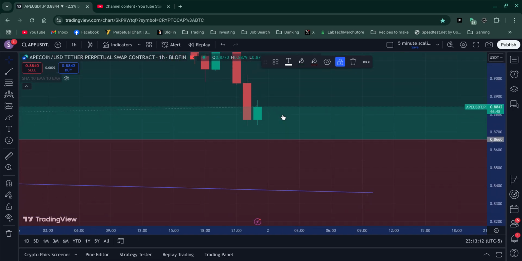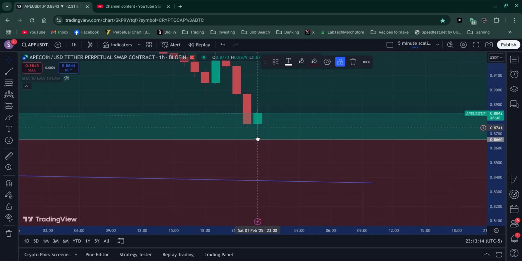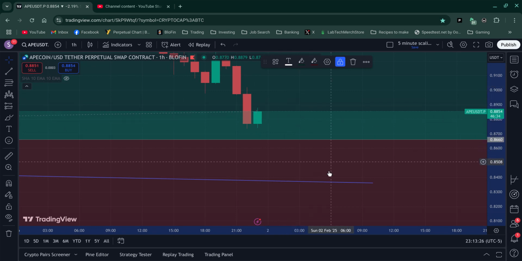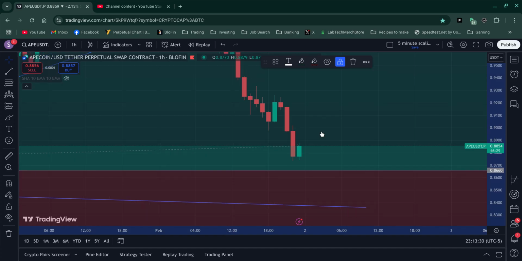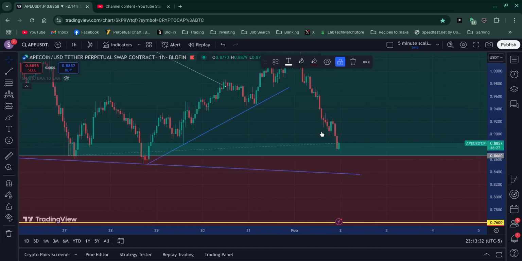So this is going to be kind of exciting because this may be the low, but this candle might also turn red and go down. And also, this might have a couple of green candles and then just push further down. So we're not really going to know, at least for a little while, what this is actually going to do.